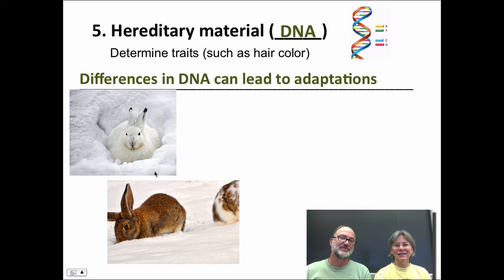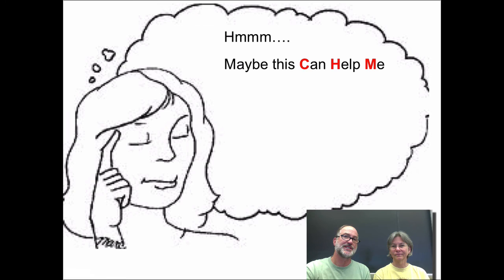And we would say that the white bunny is better adapted to its environment. This is a genetically controlled trait. It's not just something they can get used to being in the snow, but it is due to their DNA. Exactly. So all living things have to have that hereditary material to control their traits.